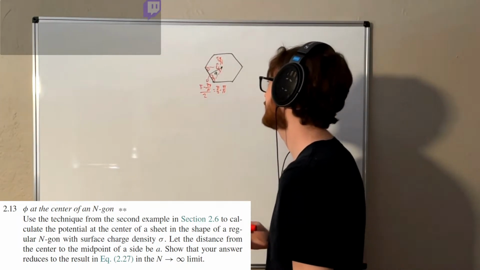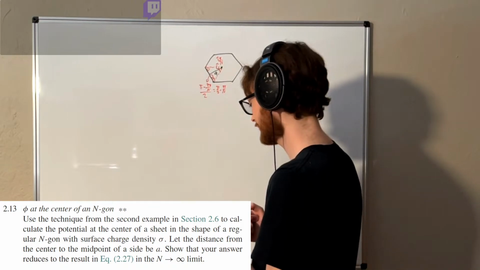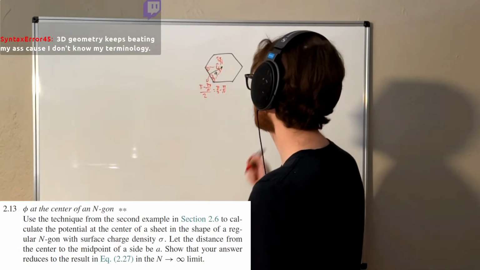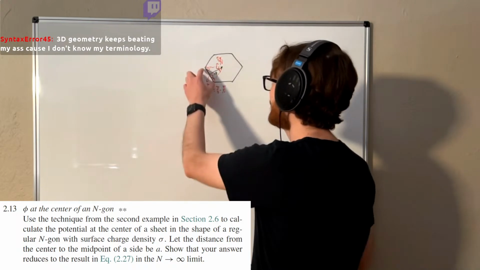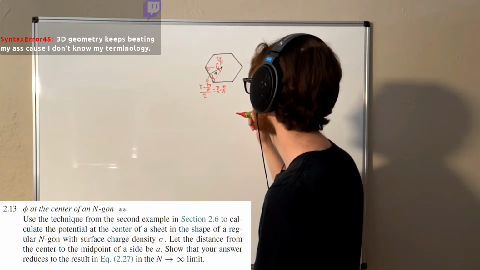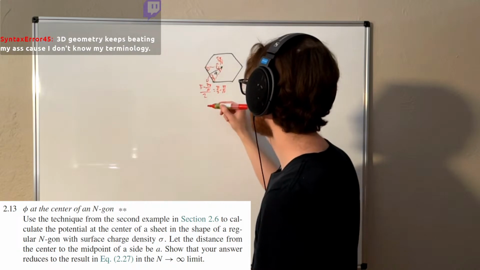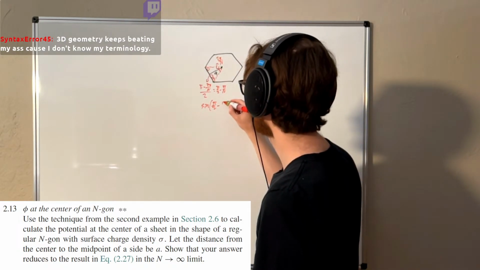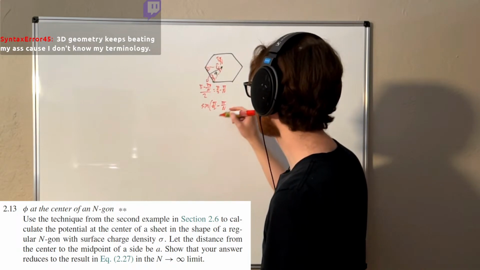And we can use a right triangle to figure out the base of the isosceles triangle. So sine of pi over 2 minus pi over n, which I think is cosine of pi over n.